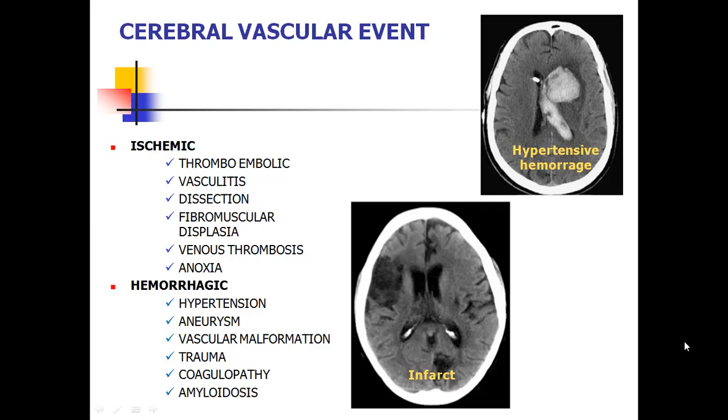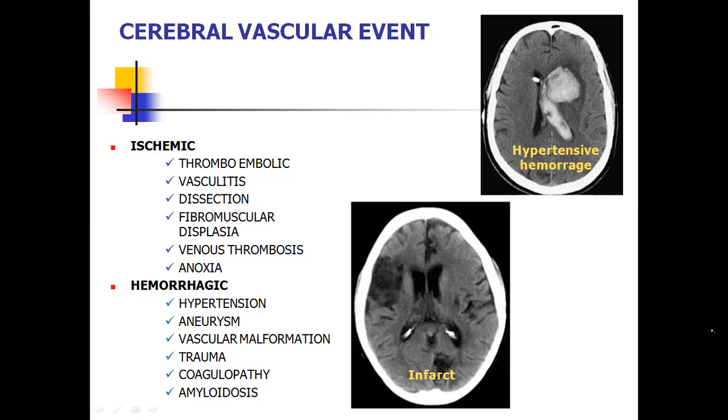The two most frequent types of cerebral vascular events are ischemic and hemorrhagic. Ischemic events are a result of a thromboembolic process, vasculitis, dissection, fibromuscular dysplasia, venous thrombosis, and anoxia.